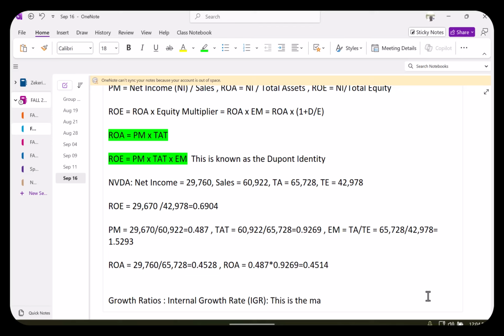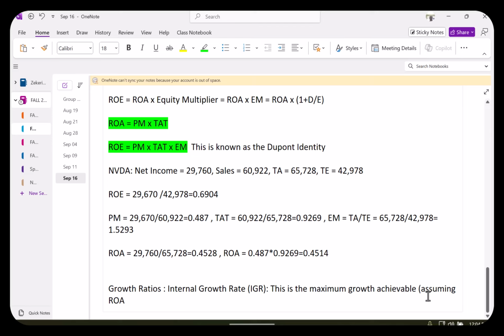This is the maximum growth achievable, assuming ROA stays the same, using only internal resources.